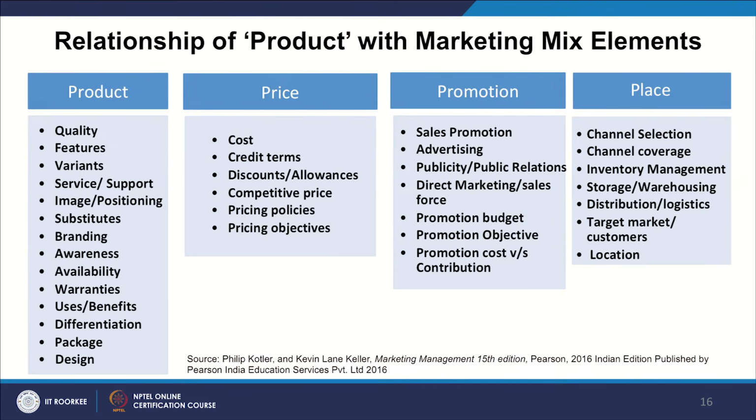Then you have price, and there are elements of price. Then you have promotion with the elements, and place with its own elements. Now just briefly, this discussion can take so much of time if I start correlating every element from product with almost all the elements which are related to be brought in picture when we are talking of one aspect of a product.